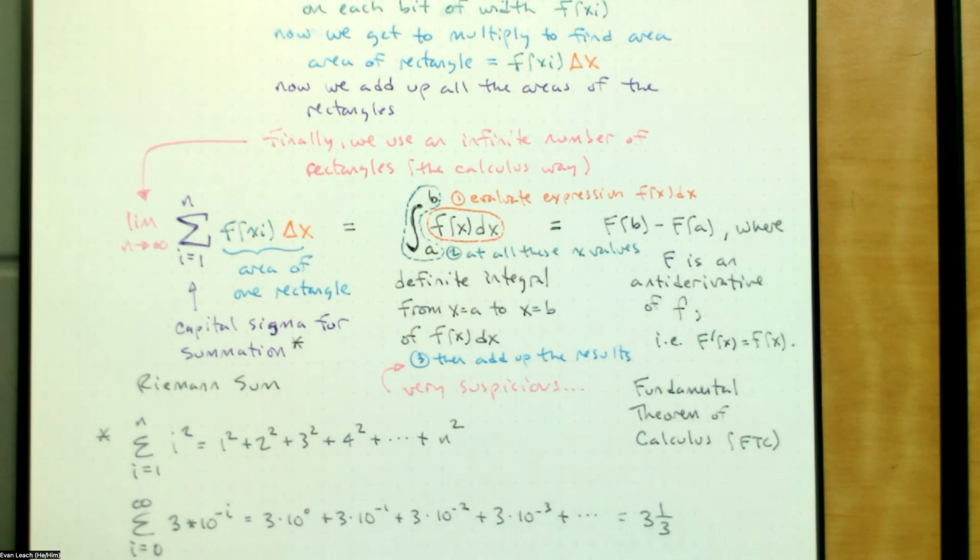What? Yes. Capital F prime prime equals lowercase f prime. That is correct. So the second derivative of capital F will be the first derivative of little f. Any questions?